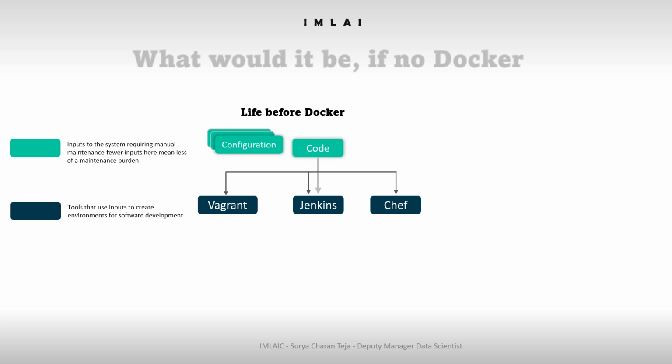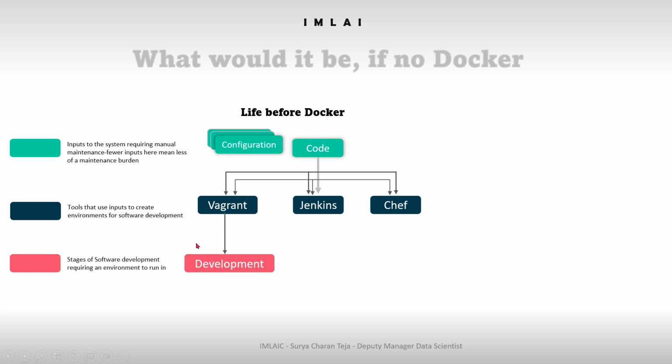We will use Vagrant to create a development virtual machine. This is a development server, and we'll use Jenkins or Ansible or some other tool for setting up a test server. Then we require Chef for a production server.